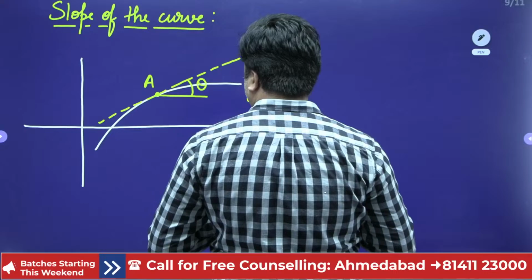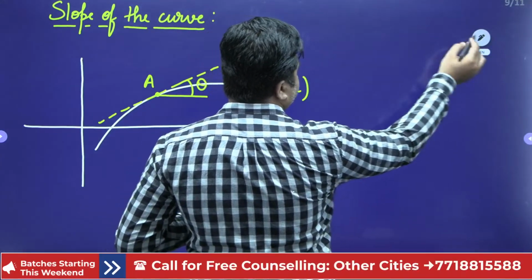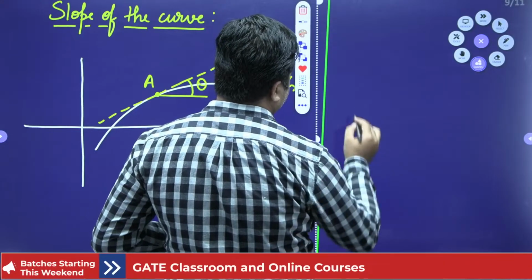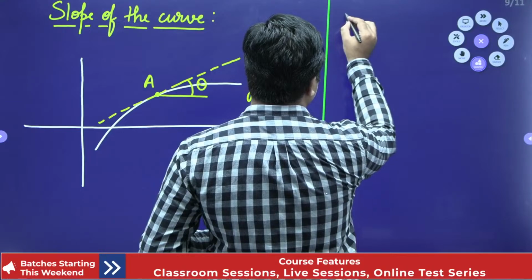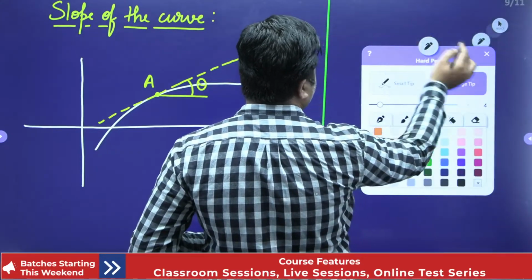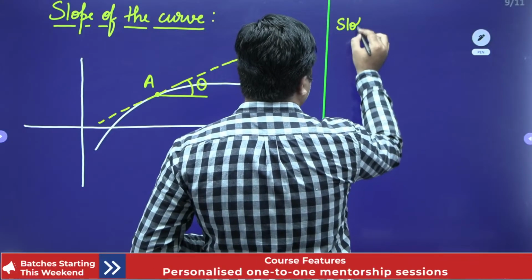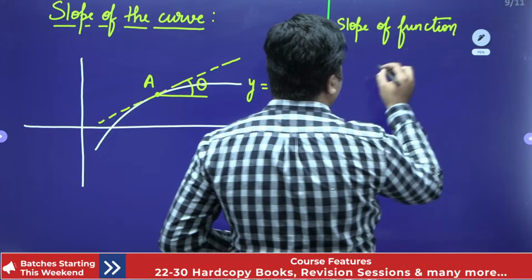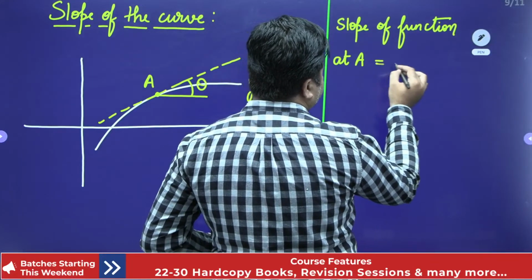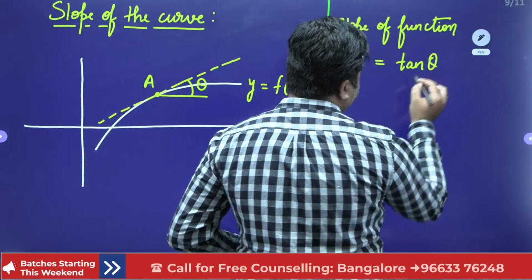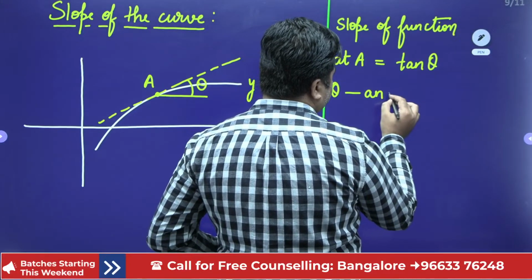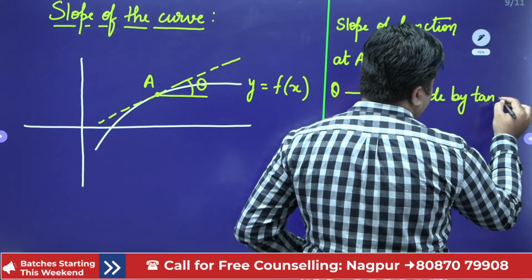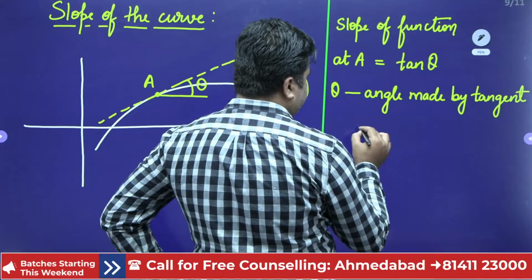So the slope of the function at A is tan theta, where theta is the angle made by the tangent with the horizontal.